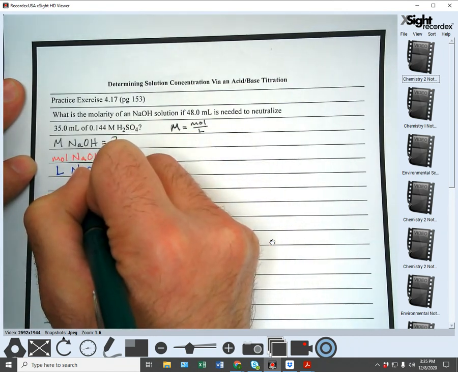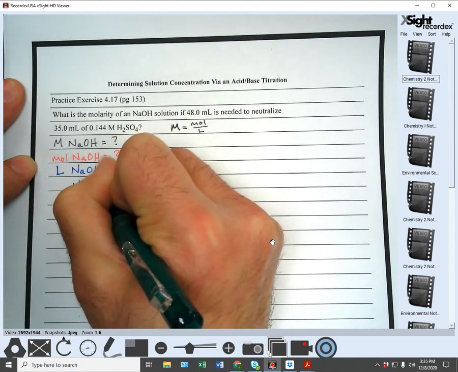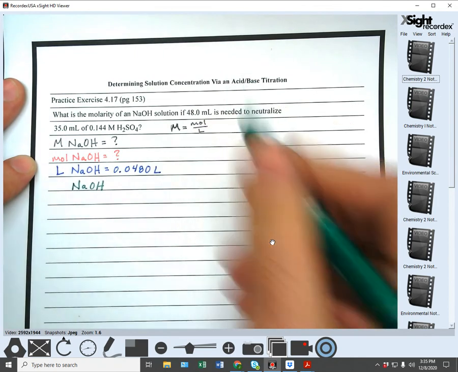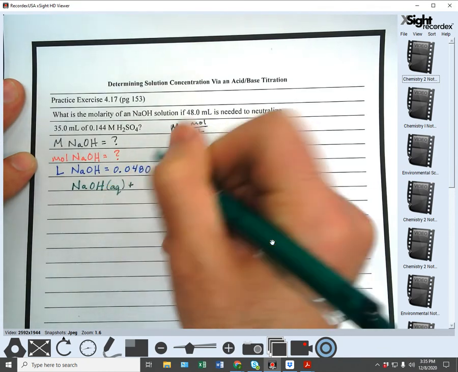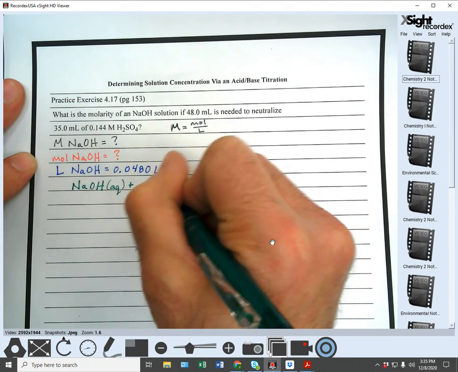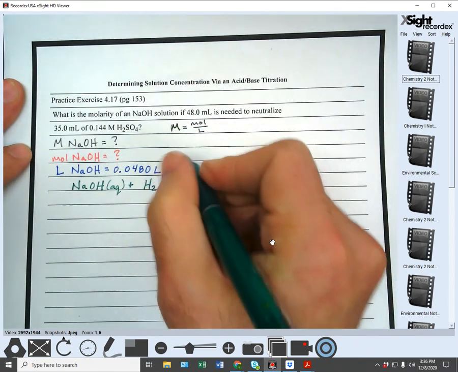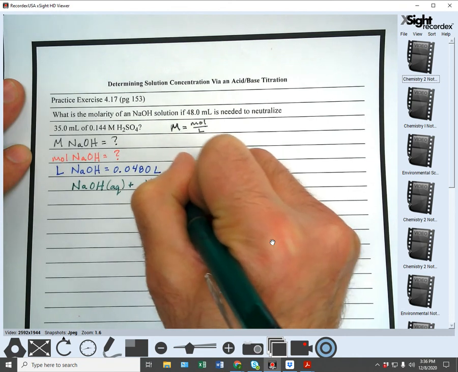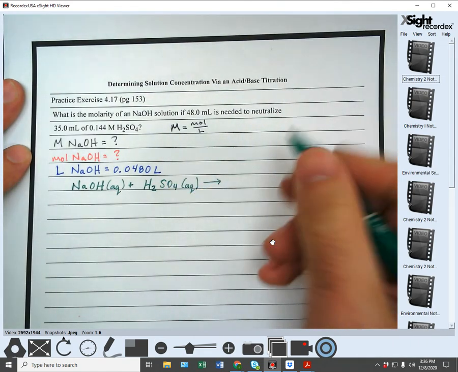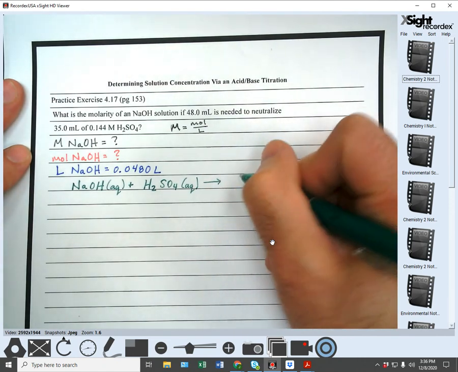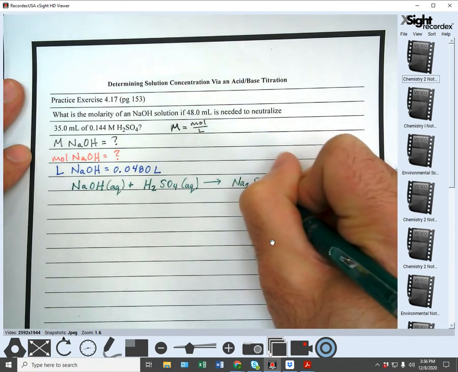We have NaOH plus H2SO4, and this is going to form sodium sulfate, so it'd be Na2SO4.